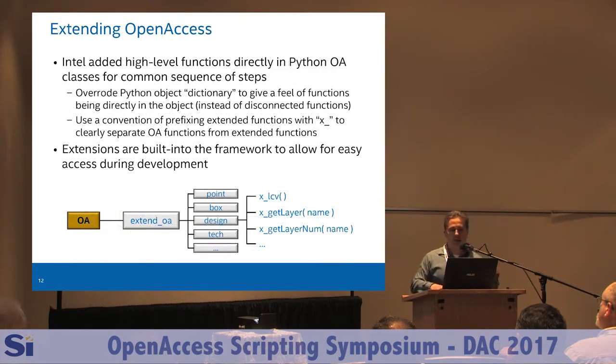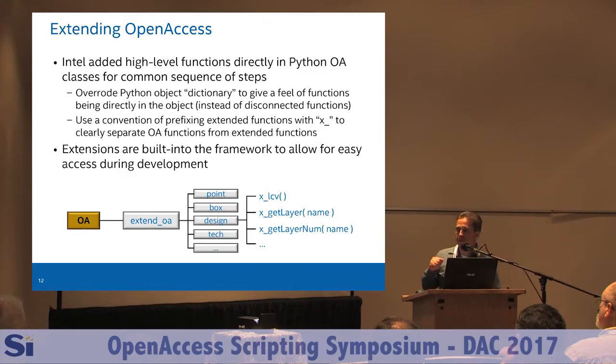Beyond that, we added our own convenience functions, even beyond what oaScript offers. There are just certain functions that are done frequently, and rather than rewriting them multiple times, you get tired of it after a while, and you say, hey, it would be nice if I just had this available. We include that in our own framework as well. Just simple things to get the LCV, the library cell view, and some formatted text string, getting a layer from a name, and things like that.